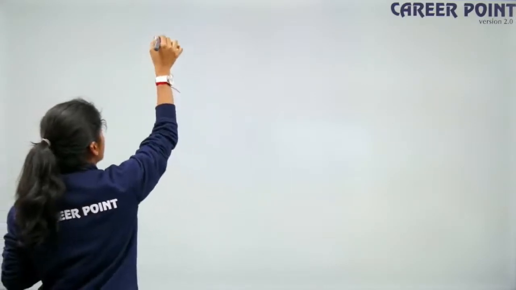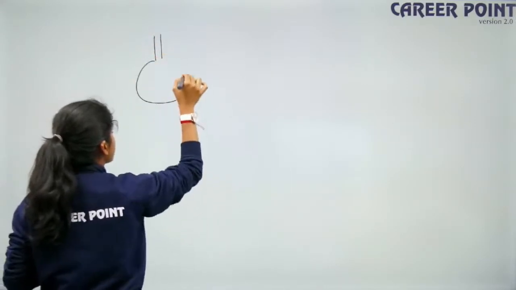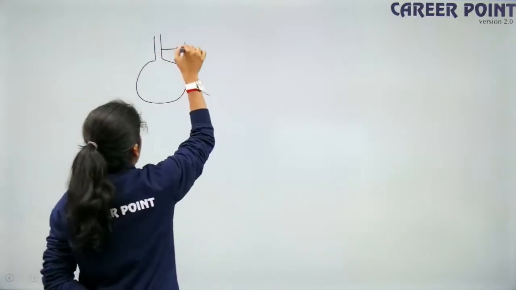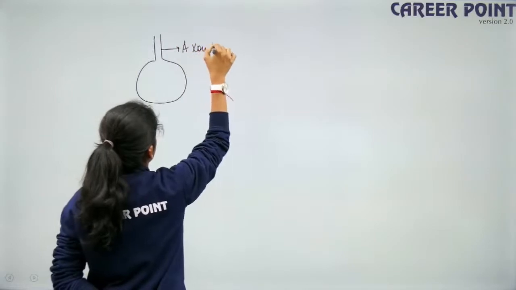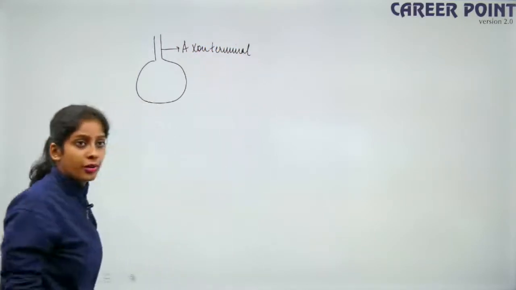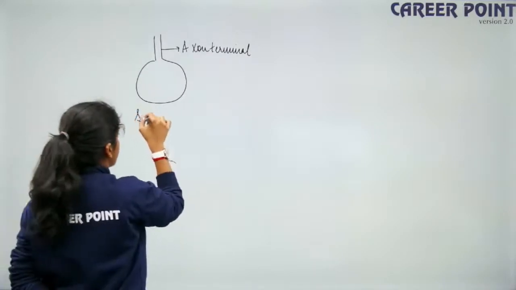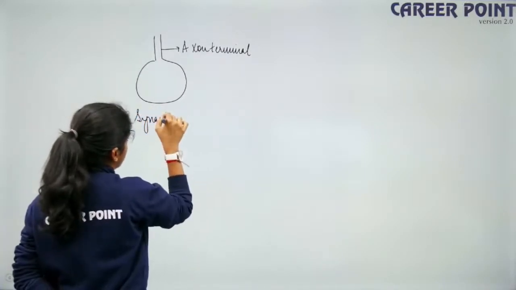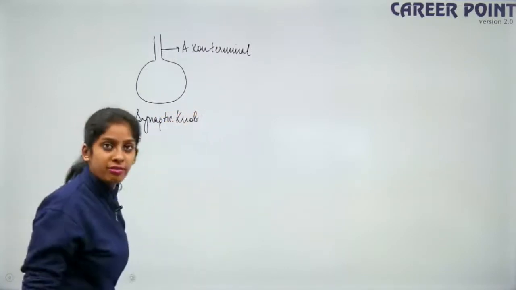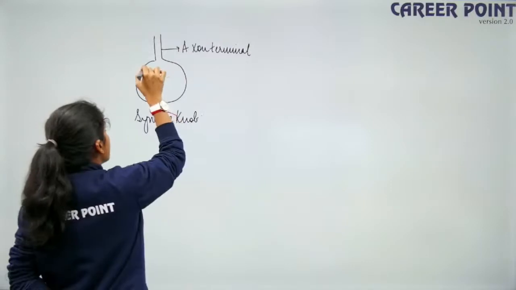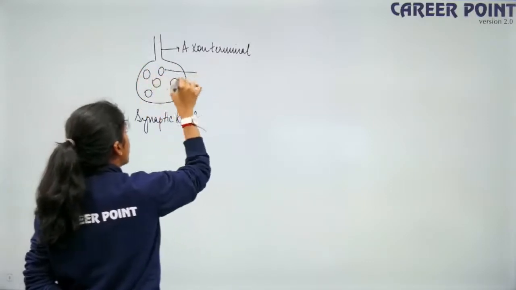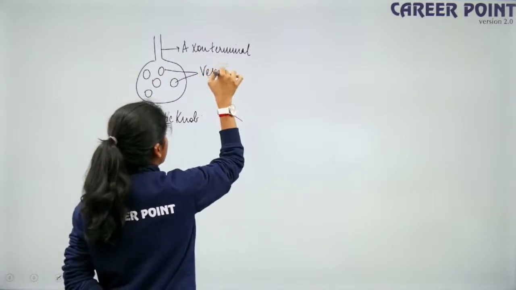So this is my axon terminal and this is my synaptic knob. Inside the synaptic knob, I have bag-like structures like this, which are called vesicles.